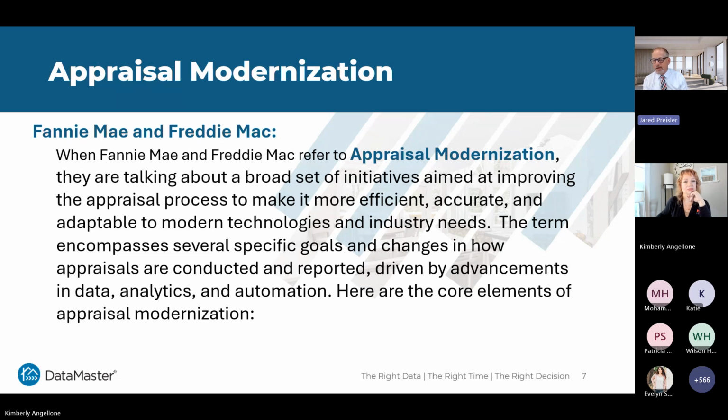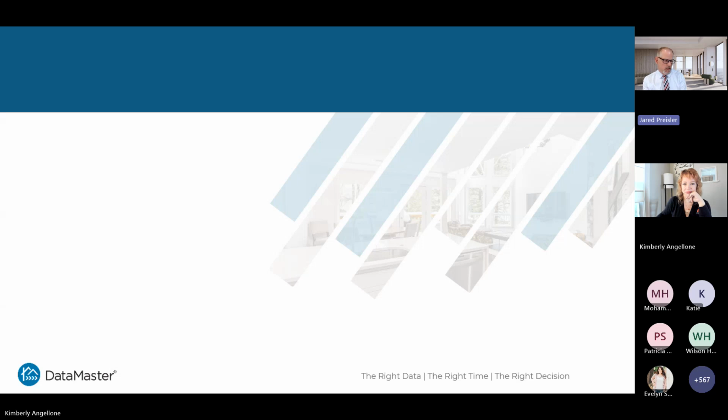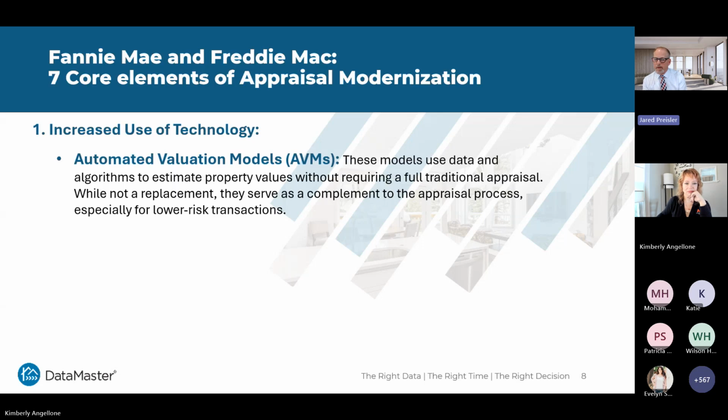In fact, there are seven initiatives in appraisal modernization in Fannie and Freddie's mind. We're not going to deep dive into each one of these, but I want to talk about all seven because I think it's good for you to understand where we fit in our clients' scope of work, where we fit into their plan. And I think understanding that is really a good basis.